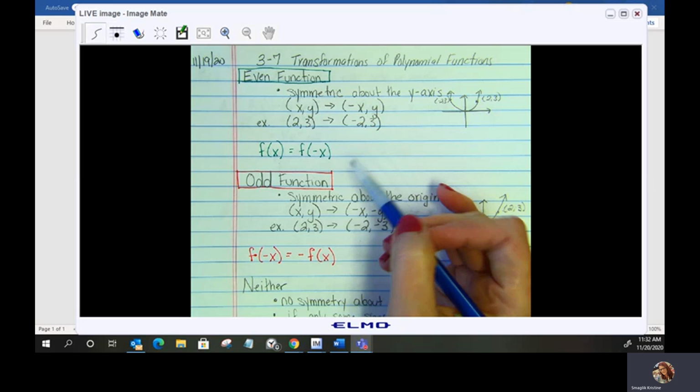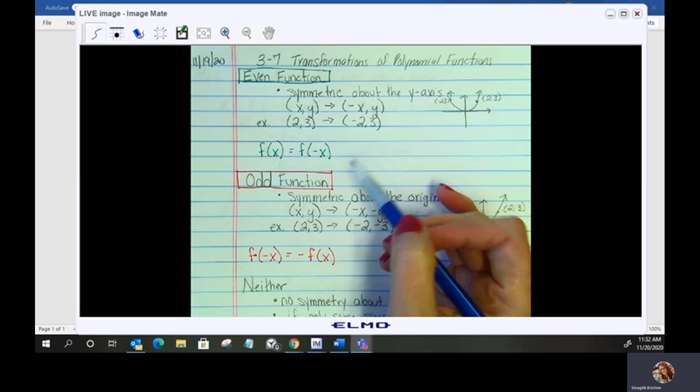Now, again, going back to the difference between even and odd functions and even and odd end behavior. As you can see, this function has even positive end behavior, and this is an even function. If I were to give this a horizontal shift, either right or left, this would no longer be considered an even function because it is no longer symmetric about the y-axis.